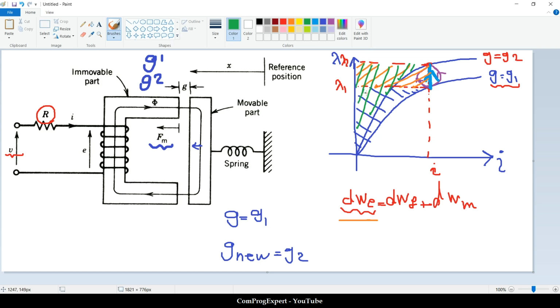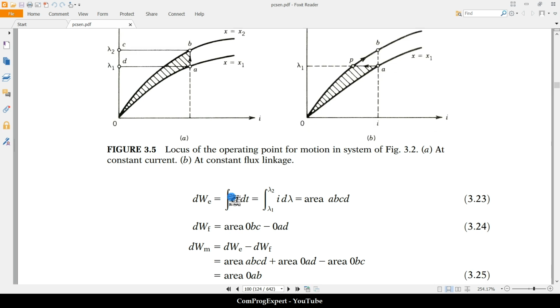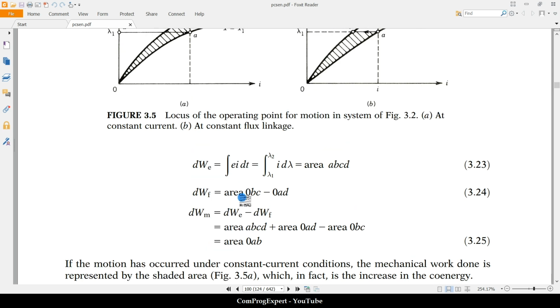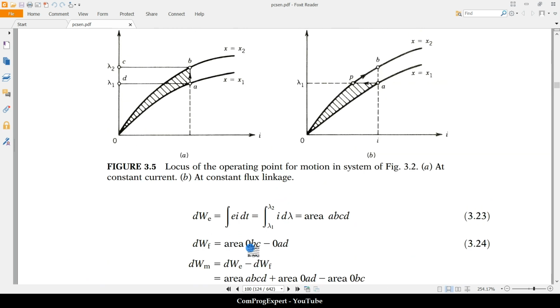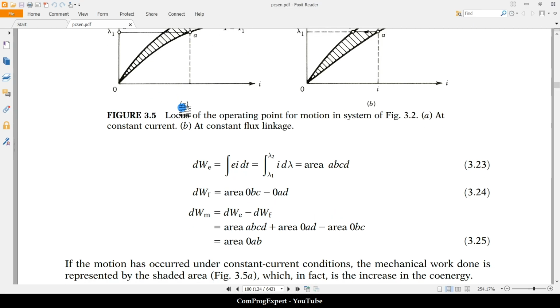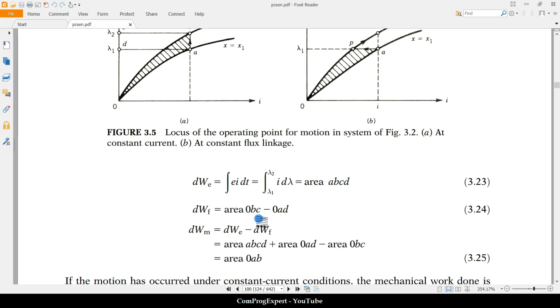So this is the change in the value of the stored energy in the magnetic field. In this case, you can see the trajectory, this area 0BC minus this area 0AD.